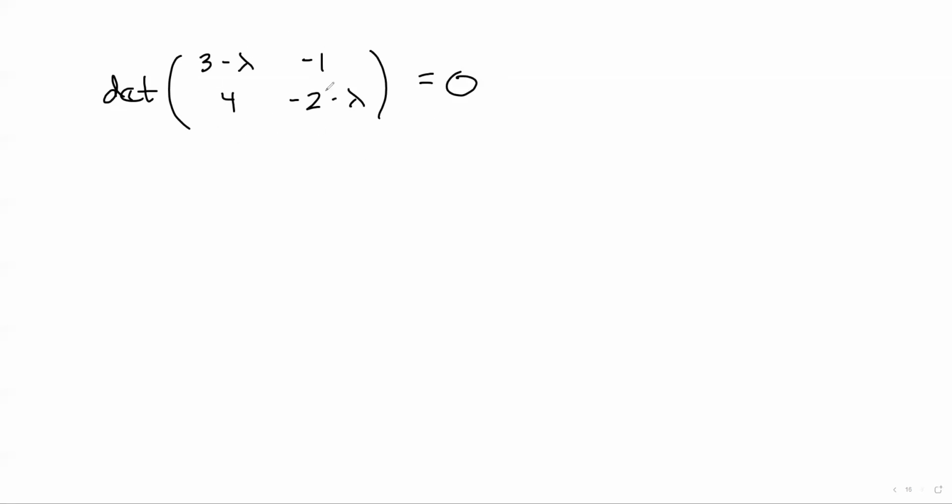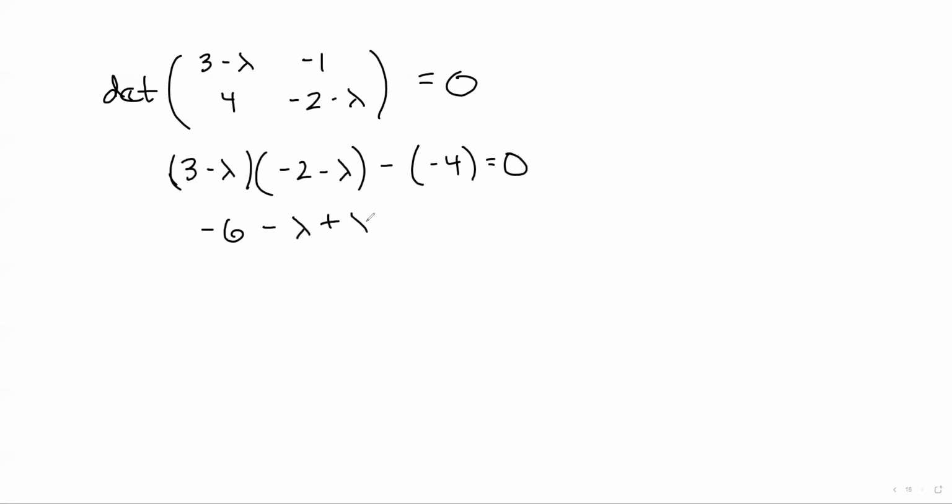The determinant of a 2x2 matrix: you take this times this minus this times this. So we're going to have 3 minus lambda times -2 minus lambda, and then minus 4 times -1, so minus -4. If you multiply this out, you get -6, and then +2 lambda minus 3 lambda, so that's minus lambda plus lambda squared plus 4 equals 0.